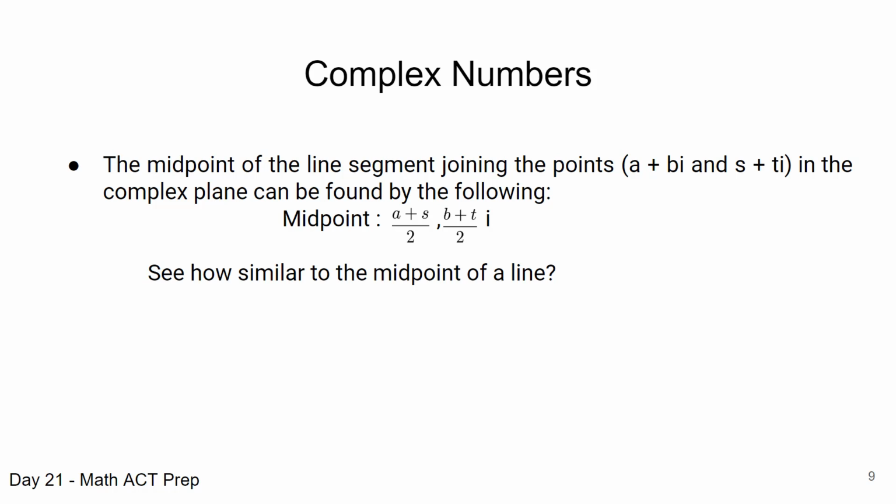We're going to look at the real component. In this case, a and s are the real components. Add those up, divide by 2. And the imaginary component is the b plus t, divide by 2 to find the midpoint. And don't forget to put the i on that. So you have, again, a point, a real component and an imaginary component to find the midpoint.